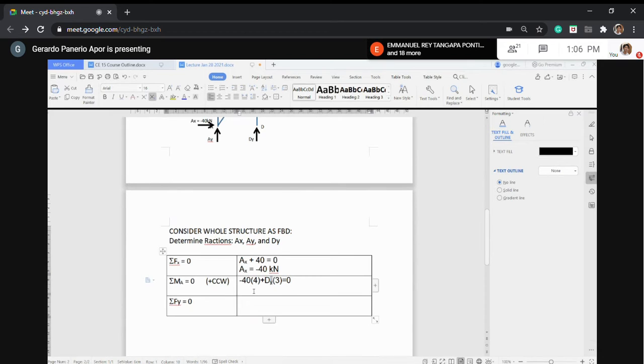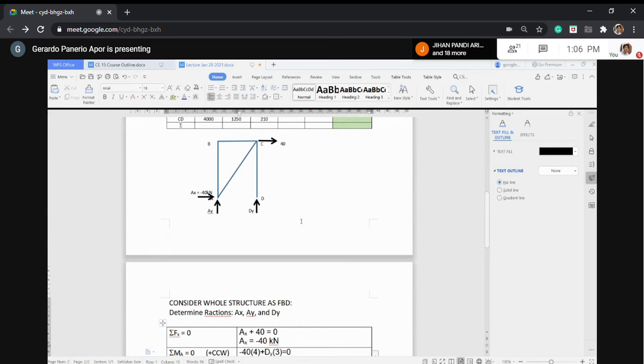Sir, can I ask a question? Yes, question. Sir, if D is a pin, why is there no horizontal reaction? Okay. If there is a horizontal reaction, that means its resultant is inclined.